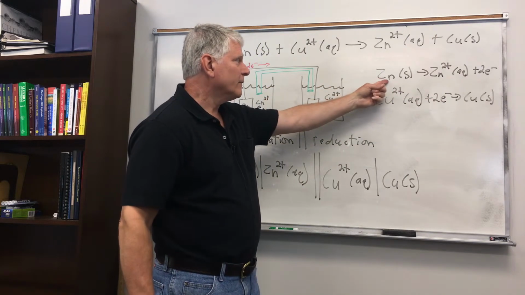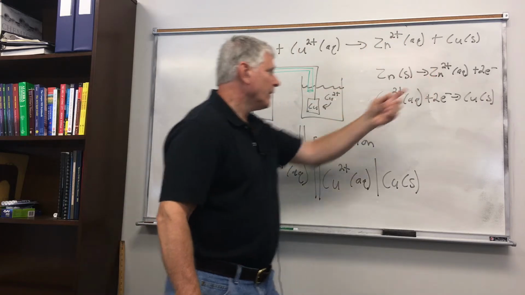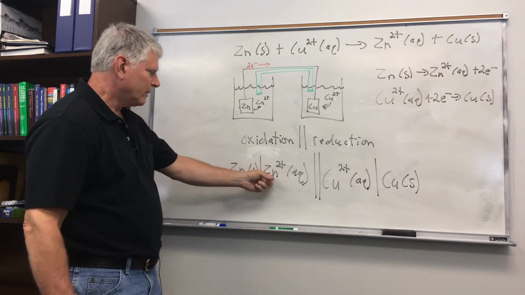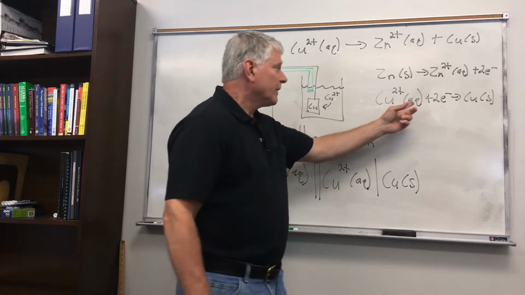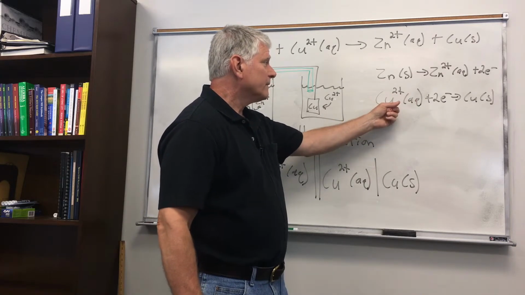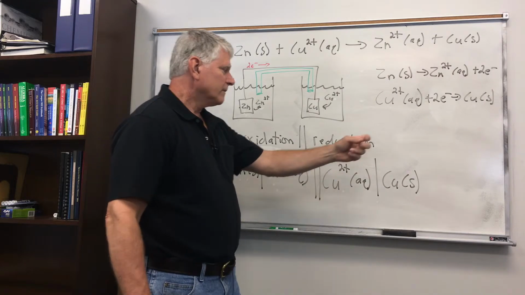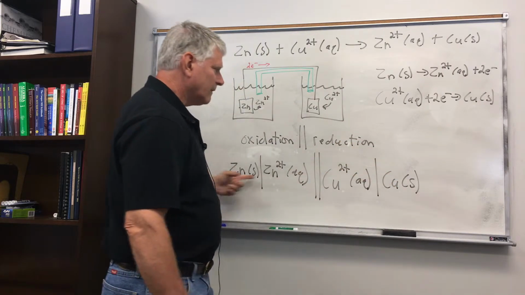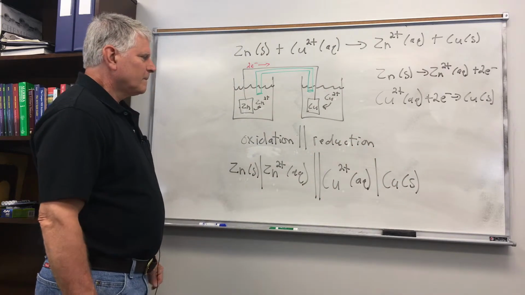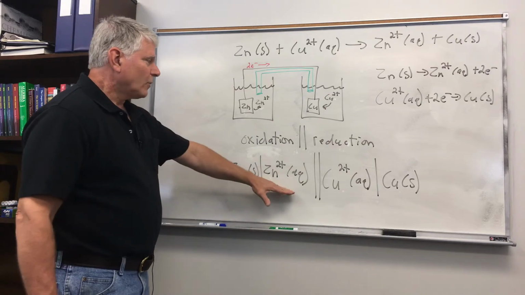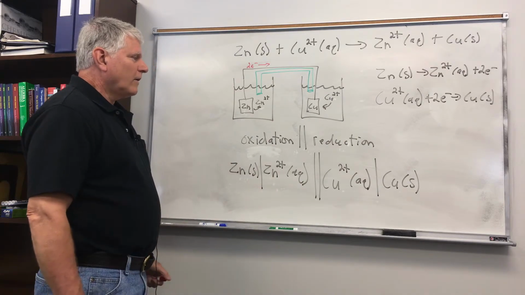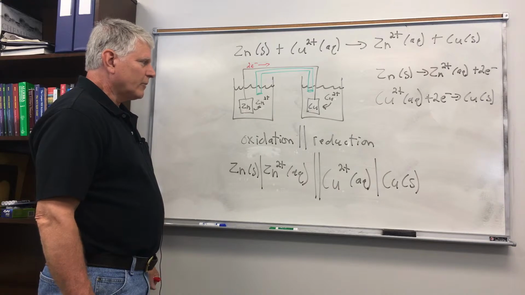So in the oxidation, we have zinc solid going to zinc 2+. In the reduction reaction, we have copper 2+ going to copper solid. So we start with copper 2+, end with copper solid, left to right. So this is a shorthand way of writing our particular electrochemical cell.